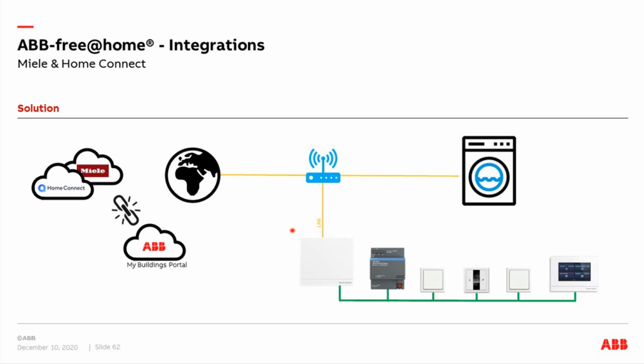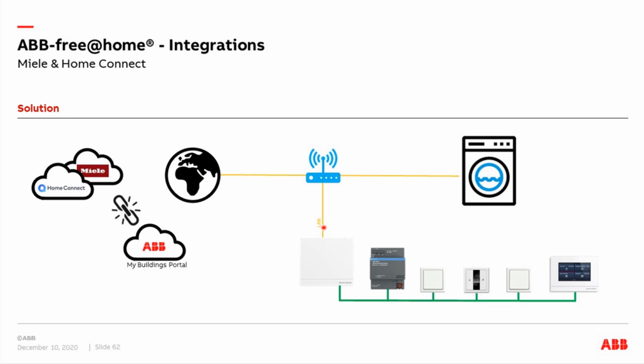The solution itself is again a cloud-to-cloud connection between our My Buildings portal and the Miele cloud or the Home Connect cloud. The Home Connect devices are mainly Bosch and Siemens, and also some smaller local brands which are locally available in different countries.